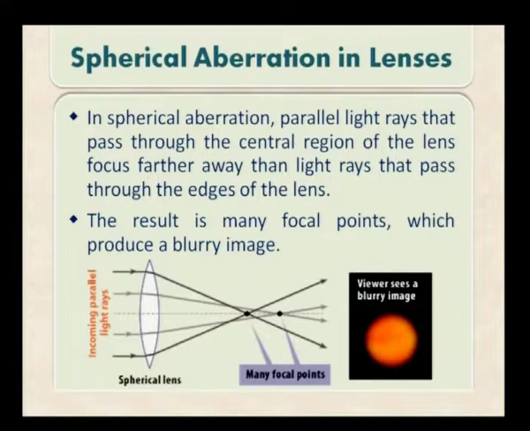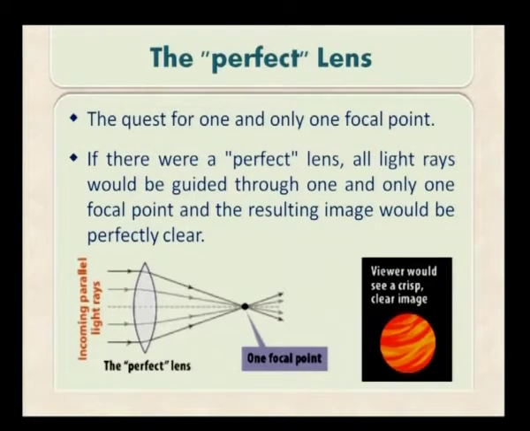Now, I will show how the blurred image goes off if you use a proper lens. It is called a perfect lens. The quest for one and only one focal point. So, you are looking for only one focal point, then you will be getting an image which is crisp and clear.